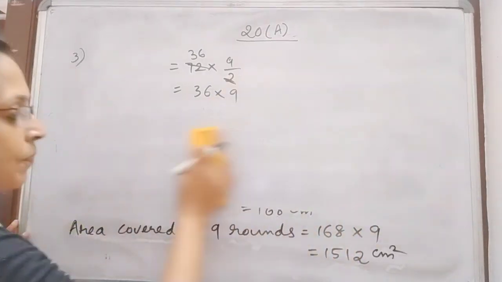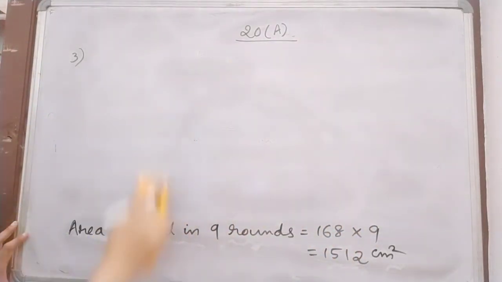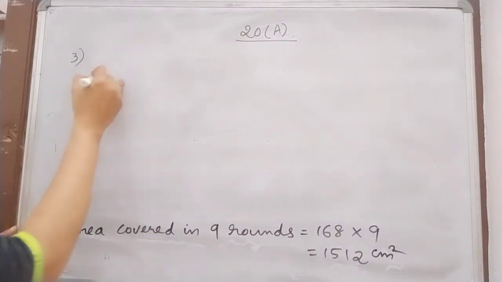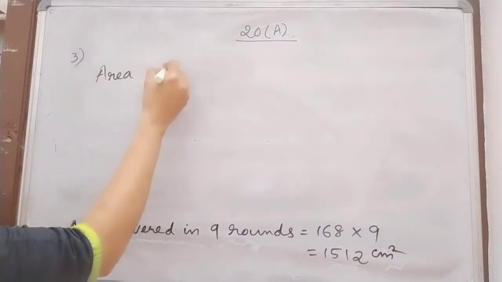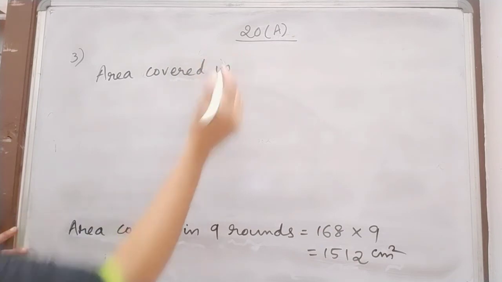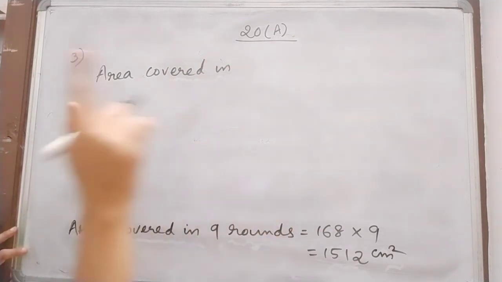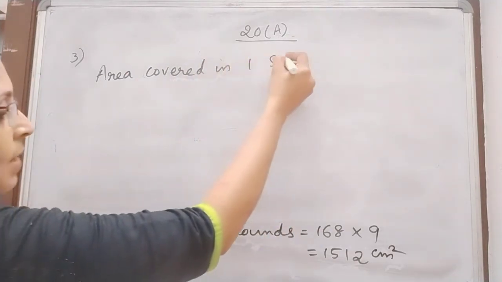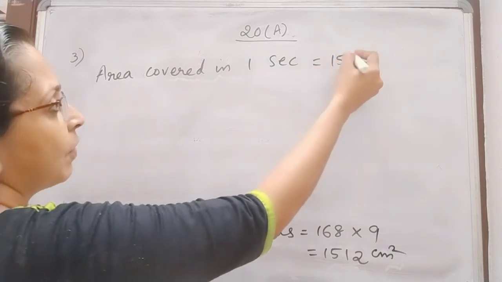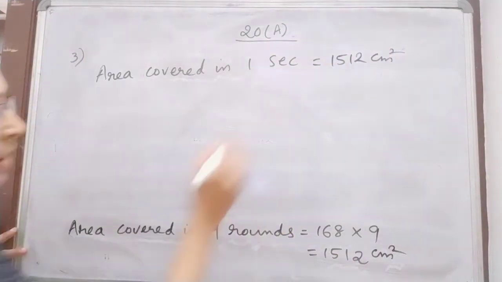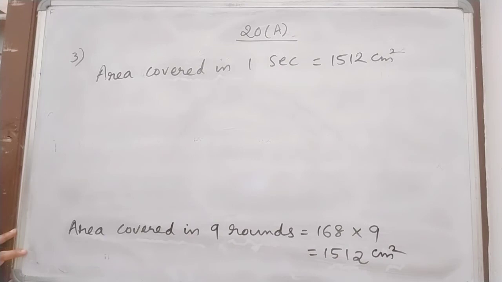So next step, what can we write? Area covered in 1 second is equal to 1512 centimeter square itself. We have to find out the area covered in 4 1/2 seconds. So 1 second is 1512.